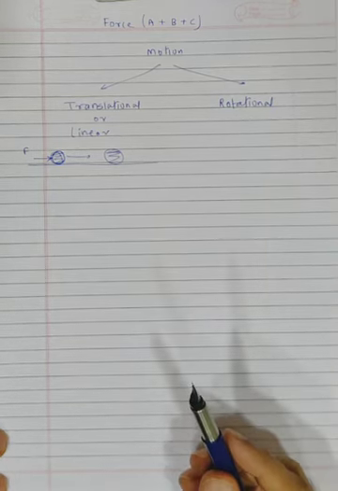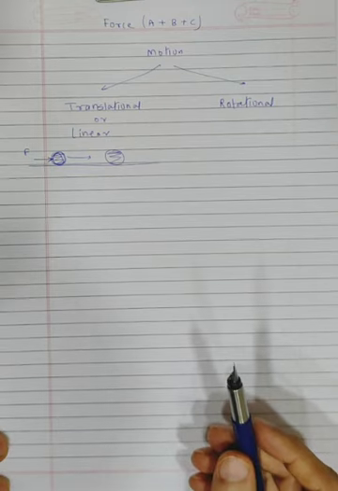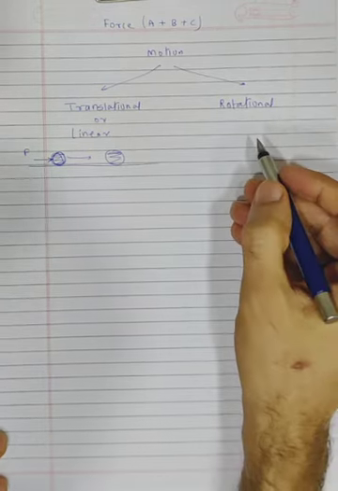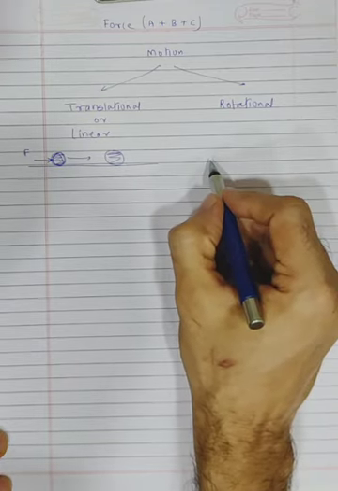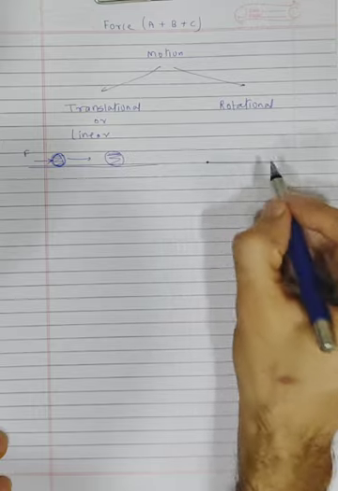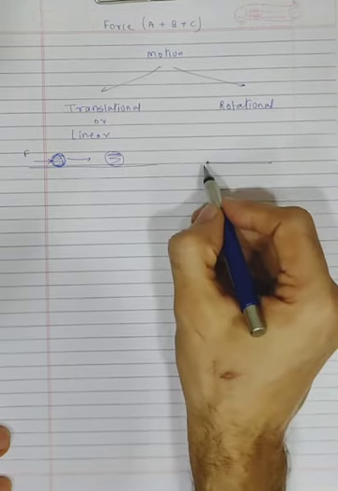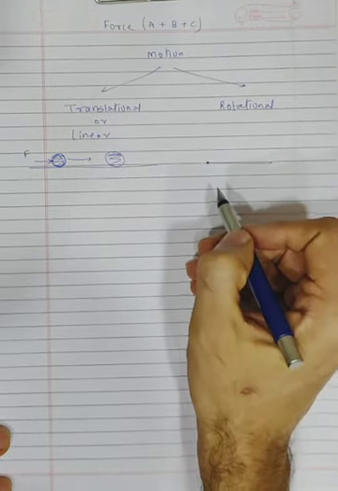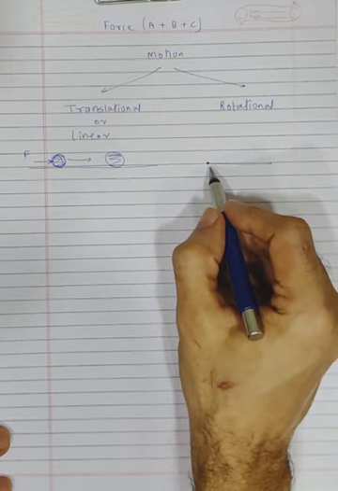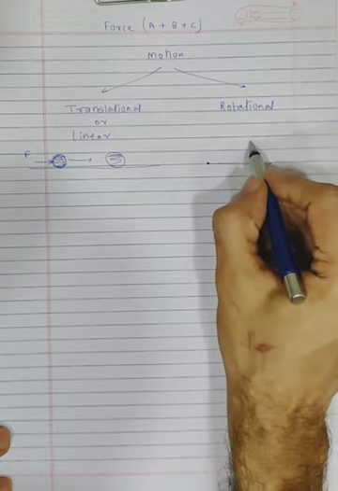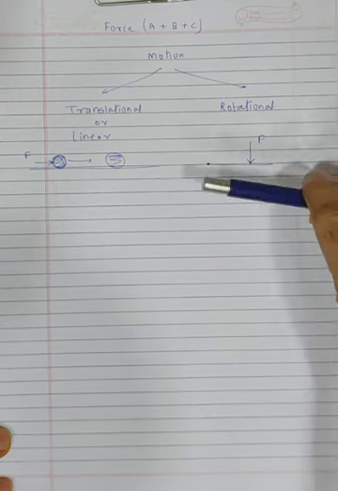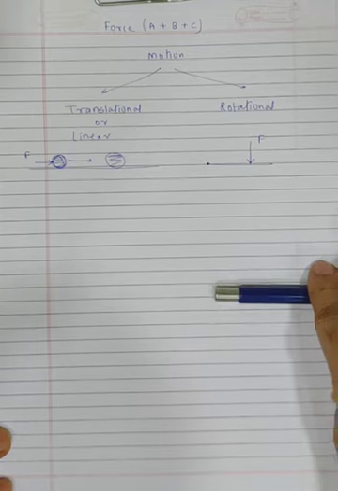Okay, now what do you mean by rotational motion? Rotational motion is when, say for example, out here you have a rod. I have an iron rod which is fixed at one end, like the door in your house or the gate of your building. Now if you apply force on this body, this whole gate will not get displaced completely.